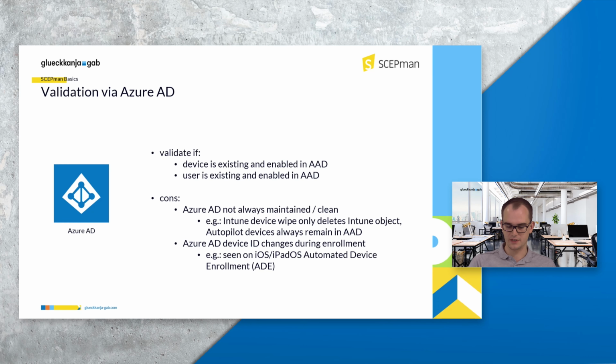And then the certificate will have this ID, and when you search for the device afterwards, you won't find it, because finally, when the device is fully enrolled, it will get its final Azure AD device ID, and for sure those are different IDs, so this will not match. So basically, your OCSP request might fail, because SCEPman can't find the device, and then SCEPman will say, hey, this certificate is not valid anymore.